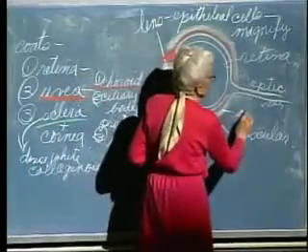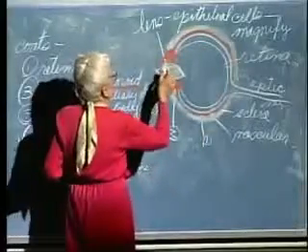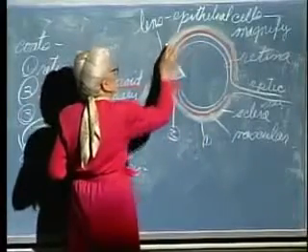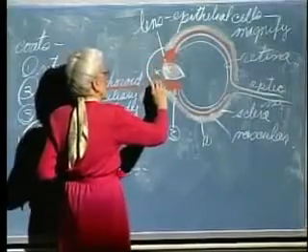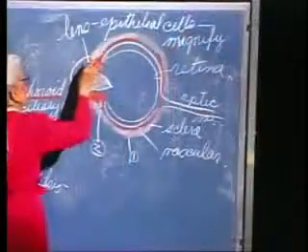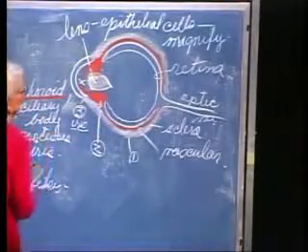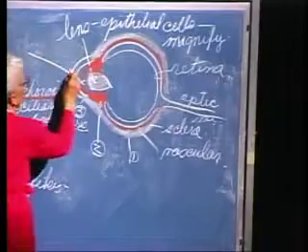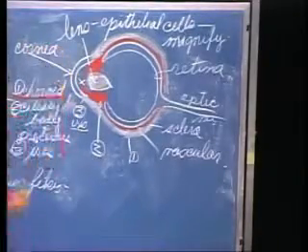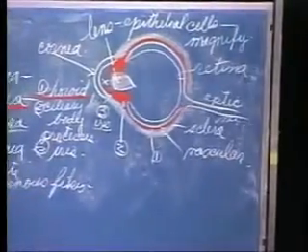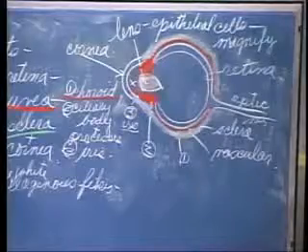So this is our sclera. And anteriorly, it's going to become translucent. And what's it going to form? The cornea. Again, the cornea is made of collagenous fibers, but they've changed their chemistry so that light can get through.